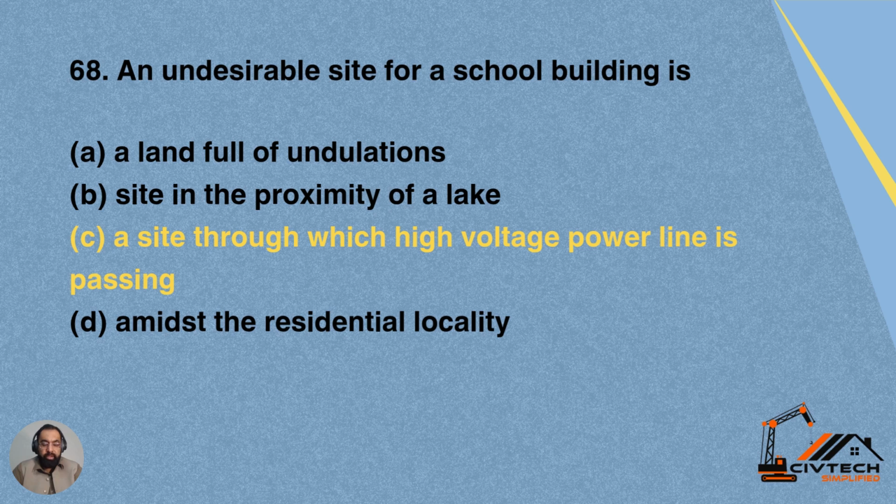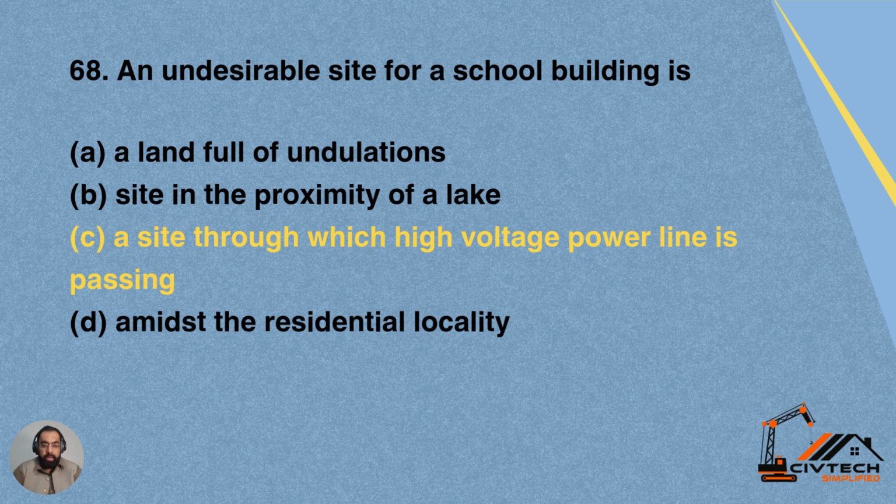So normally if we have to construct a new school and there is some high voltage or high tension line passing above, we preferably avoid the site for the construction of that school, but if that is unavoidable, then we request the authorities to remove that high voltage line first, and then we allow the construction of the classrooms.